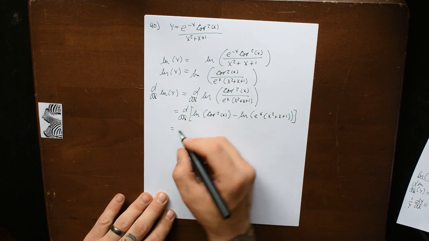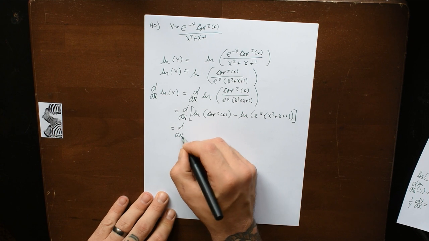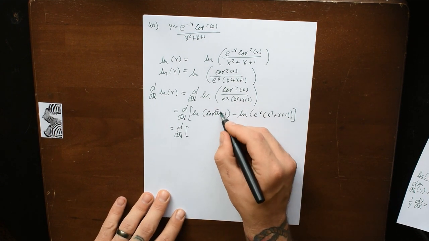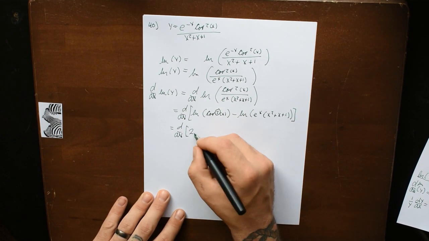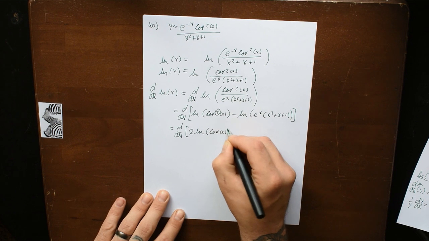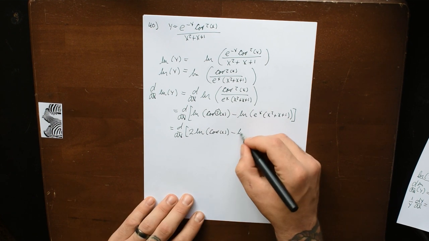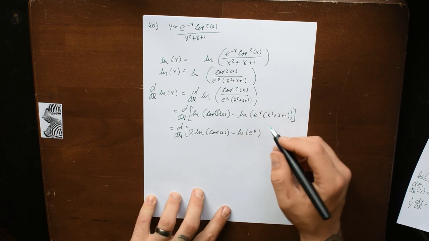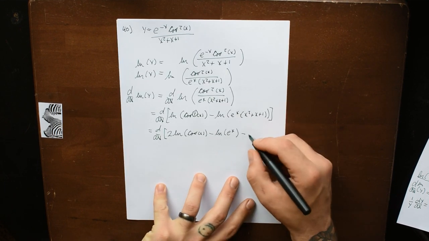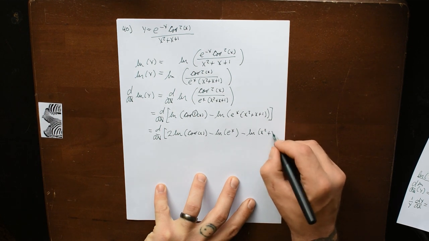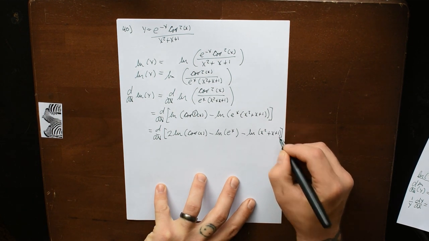But that's equal to the derivative with regards to x of, this squared can come out front, and we get 2 times the natural log of the cosine of x minus the natural log of e to the x. And now this minus sign is going to distribute: minus the natural log of x squared plus x plus 1.